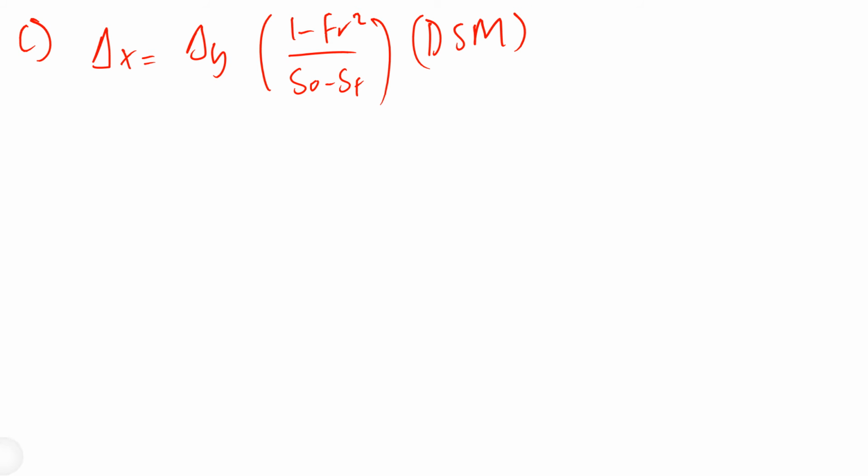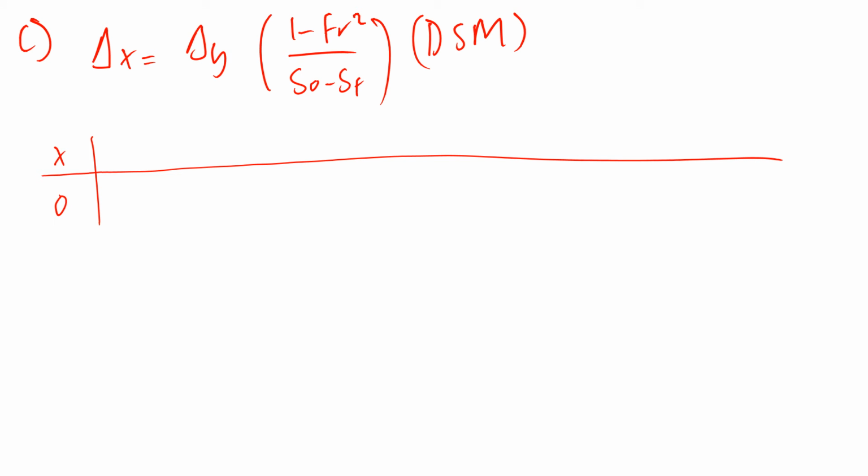So again, it requires you to create the table. So I'm just going to draw a line. So x, so at 0, y is 0.5 as given in the question. Fr squared.